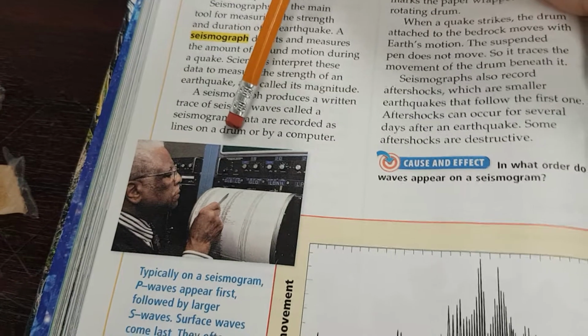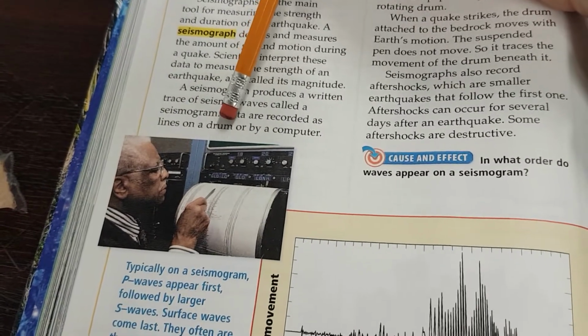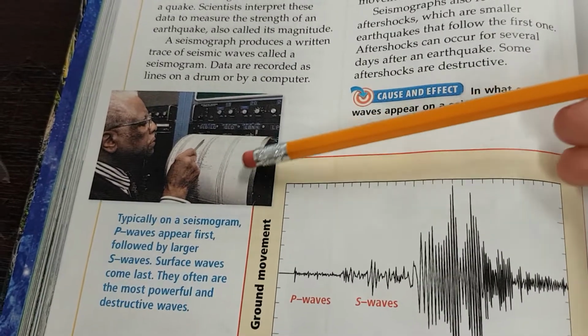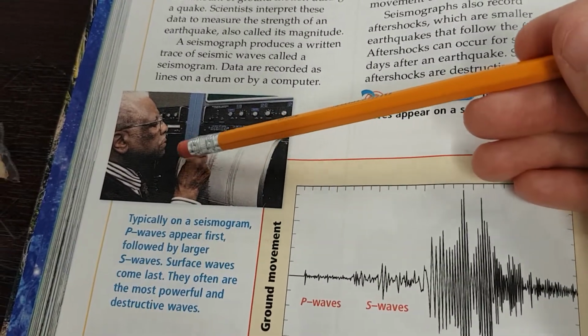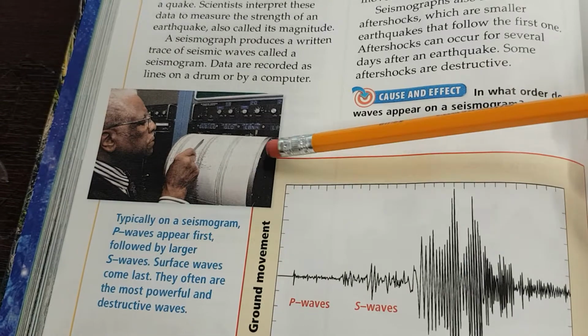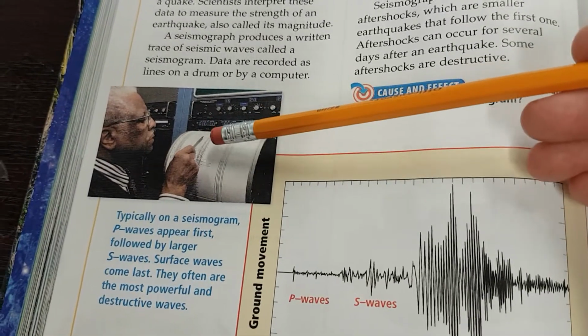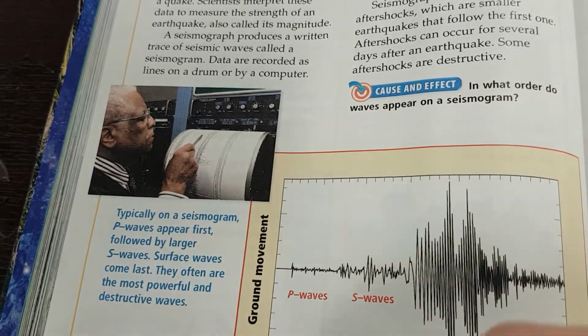And when they say lines on a drum, they don't mean a drum like a drum that you play in band. They mean a drum like a round turning drum. So that part is round and it turns, and a little needle draws these lines and the paper rolls out off of that drum.